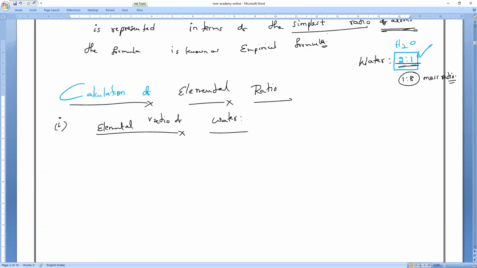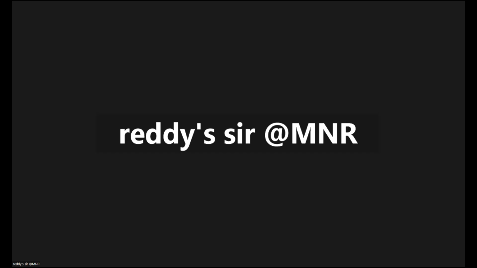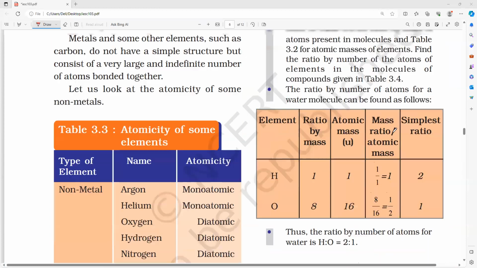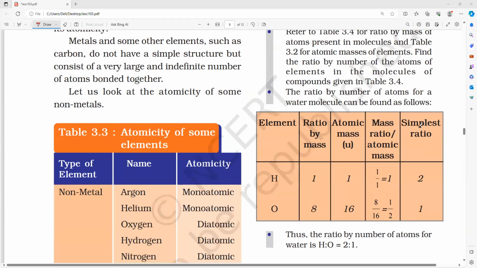Now, I'll show you the tabular column in our book, but most of you won't understand, so I will make it very simplified. Don't worry. This is the tabular column they give in the book. They have given it for water alone, but I said I will teach you 3 compounds. Same thing you can apply for every element.